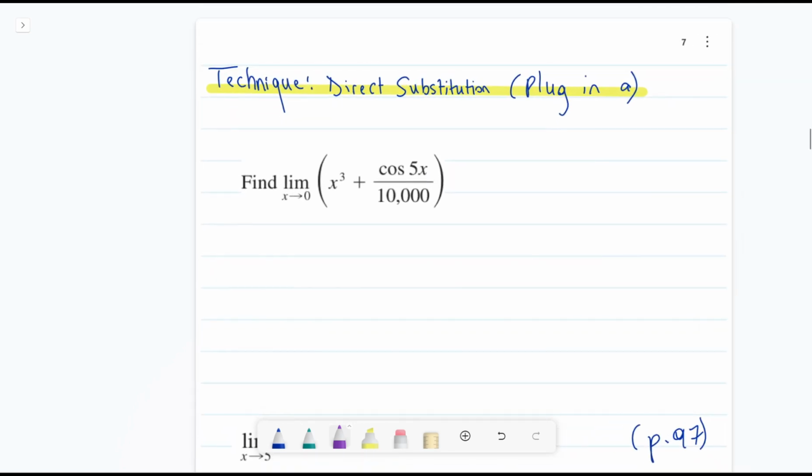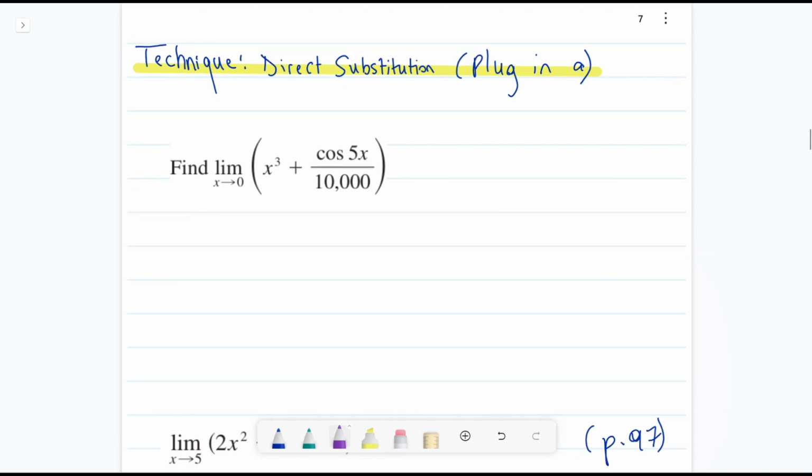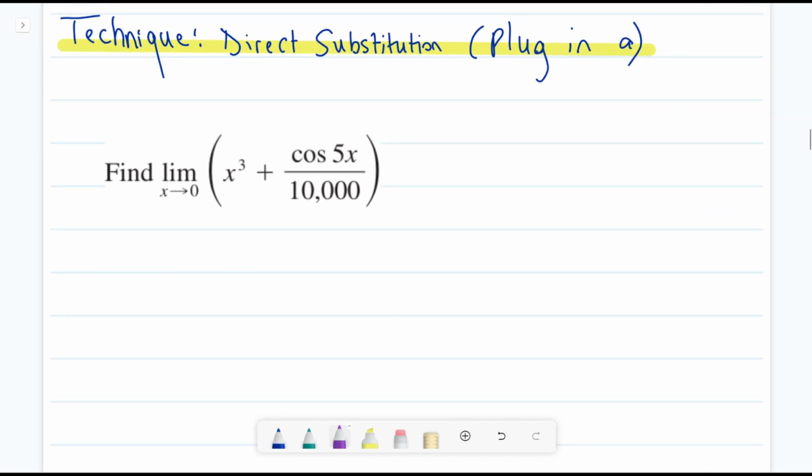So the first technique we will use in order to solve limits is the direct substitution method. As the name suggests, it's literally directly substituting. So we are plugging in a. Basically, in the first example, we are used to writing x approaches a, so our a is 0. All we have to do is wherever we see an x, we plug in a.